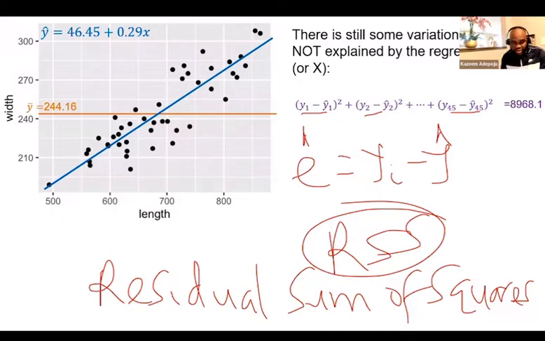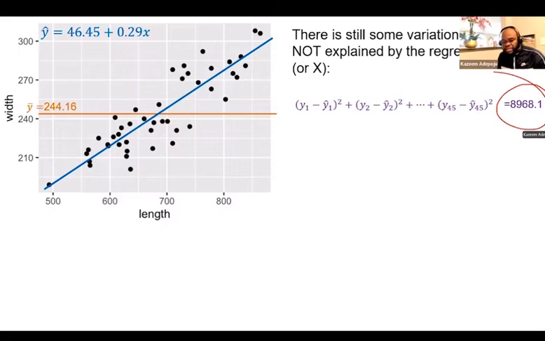So the residual sum of squares is talking about the total square of the error. Take a look at that. That's what we mean by residual sum of squares. As you can see now, this is basically the unexplained variation. If I relate this to the example we're doing right now, not every variation in the nasal width can be explained by the nasal length of a kangaroo.